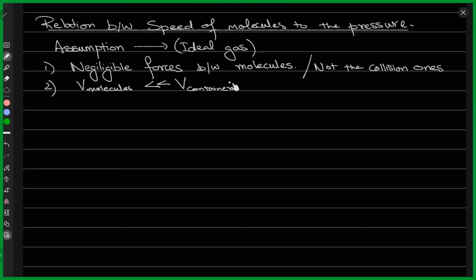These assumptions are pretty reasonable, by the way. The second assumption is also very reasonable because obviously the molecules are so small, and we know that the box will be a very large volume box. So we can make this assumption. It's sensible to do so.